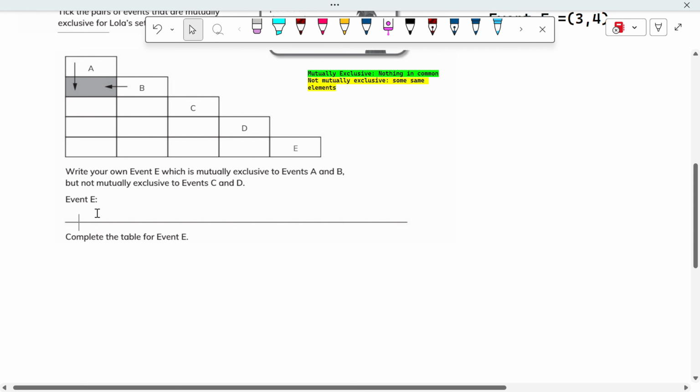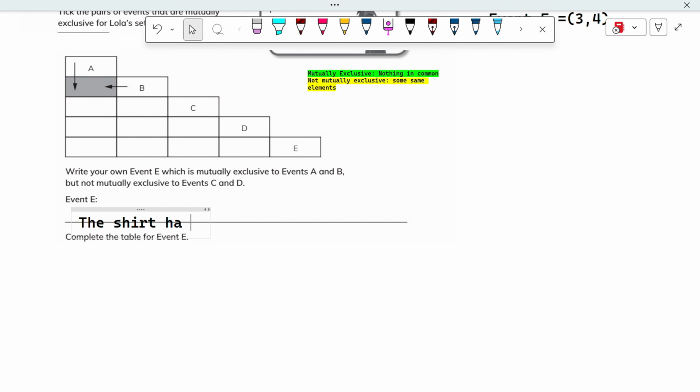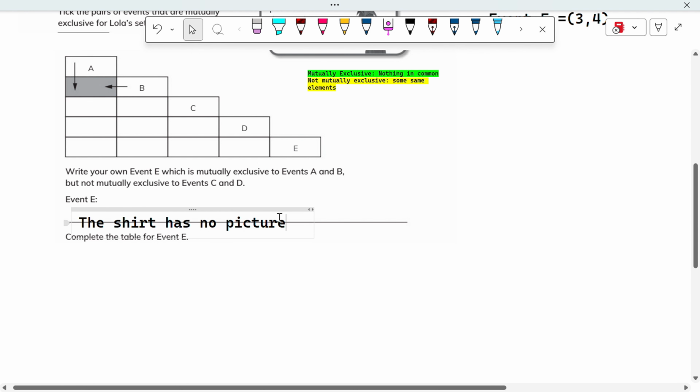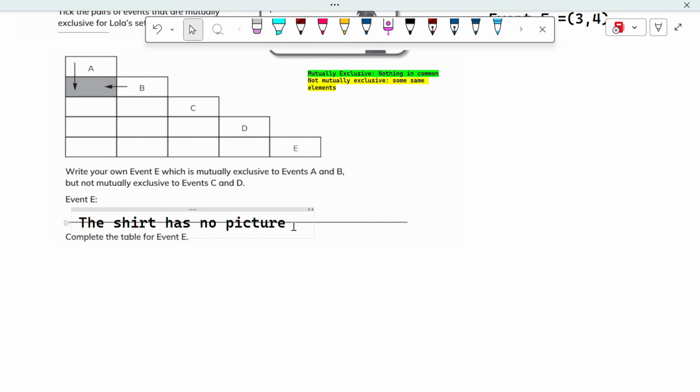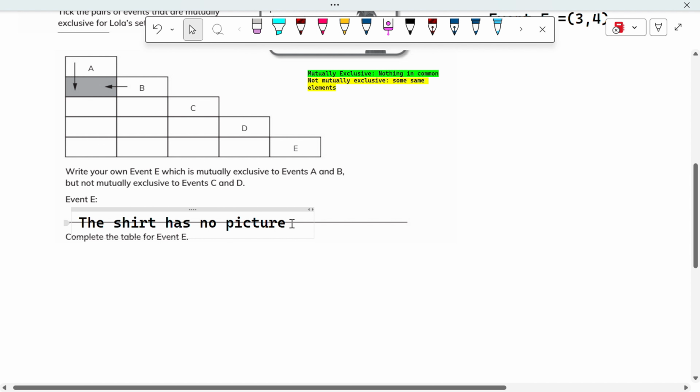So event E, the shirt has no picture. And that would perfectly describe event E. Someone could even go further and describe it more as the shirt has no picture of fruits or bananas on them.